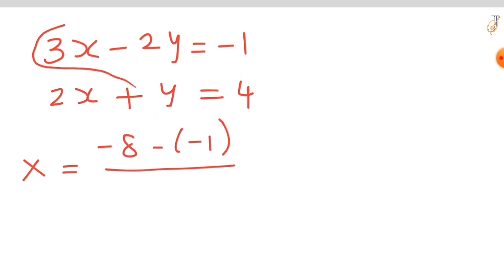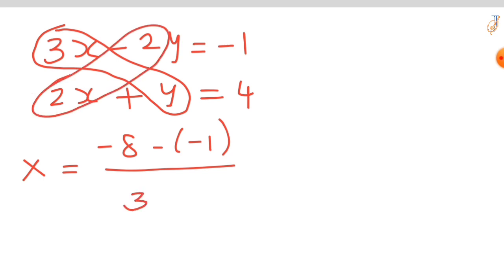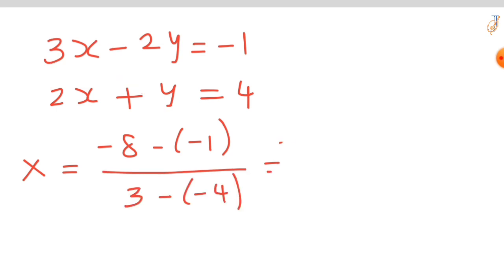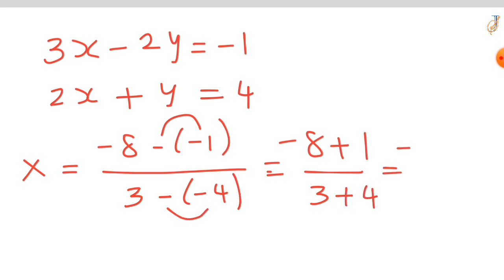We concentrate now: 3 times 1 is 3, 2 times minus 2 is minus 4. So minus 8, minus into minus plus 1, so 3, minus into minus plus 4, so that is minus 7 over 7, which gives minus 1.